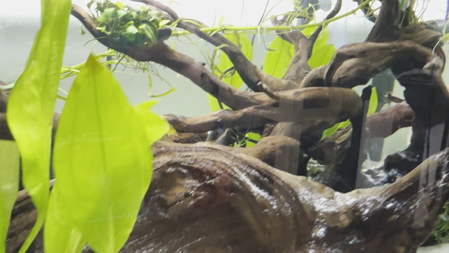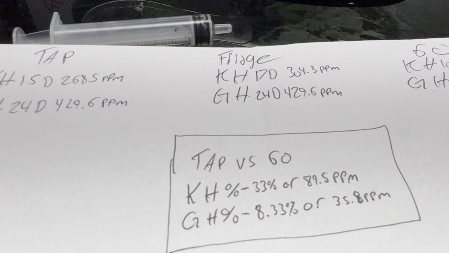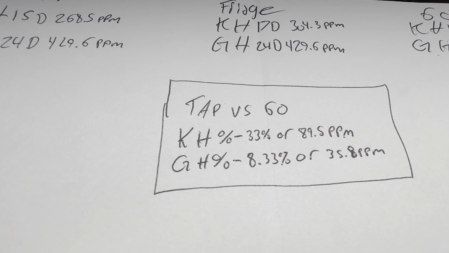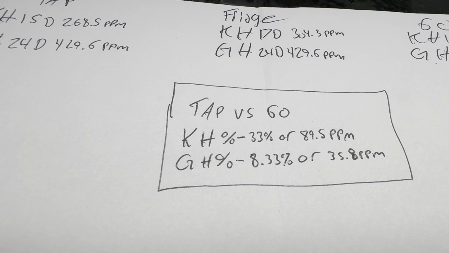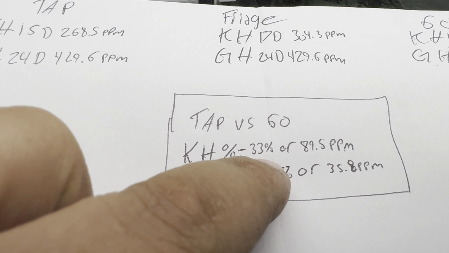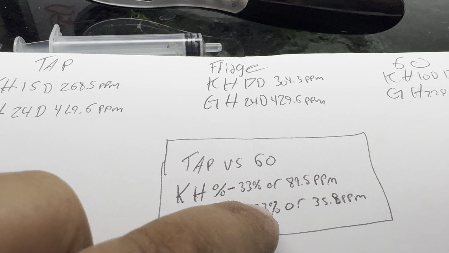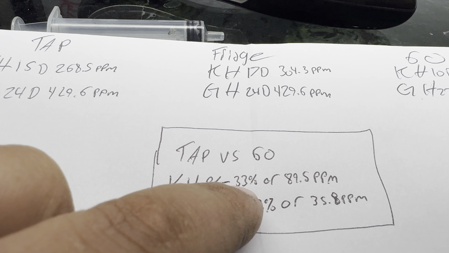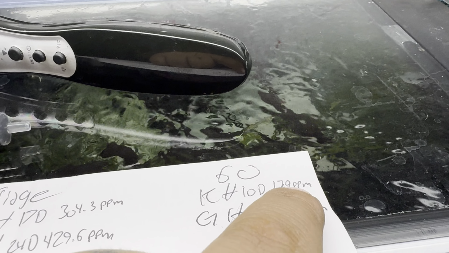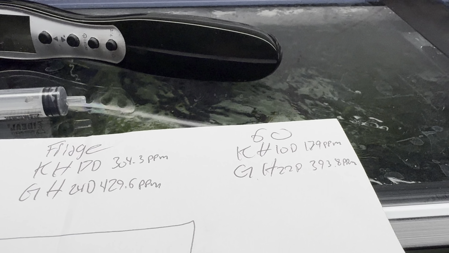But I will admit these fish are not 100% due to some different limiting factors, such as my water that goes into the tank during a water change. For example, if I were to change 25% of the water, going from 179 parts per million carbonate hardness, that number is going to go up 25% of that number, if my math is correct, if that makes sense.